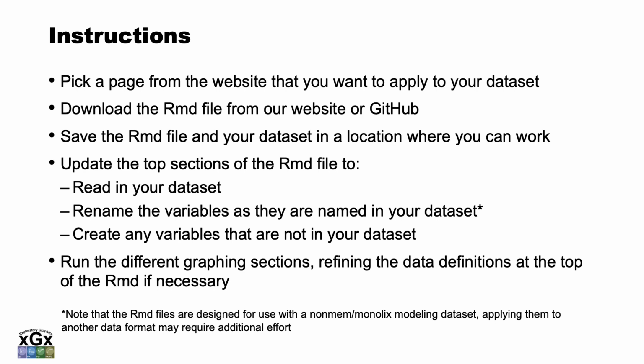Save the RMD file and your data set in a location where you want to work, and modify the RMD based on your data sets, variables, and all the modifications that you need to make for your job. And then run the different graphics, and look at the cheat sheet and its guiding principle with the relevant questions and some basic information about each of the plots and graphics.